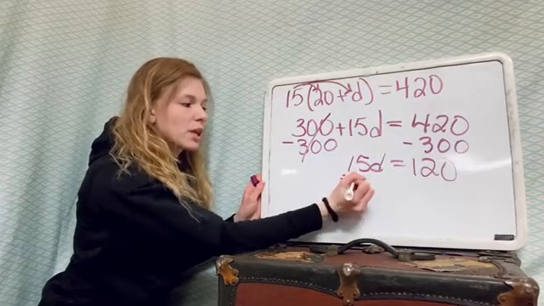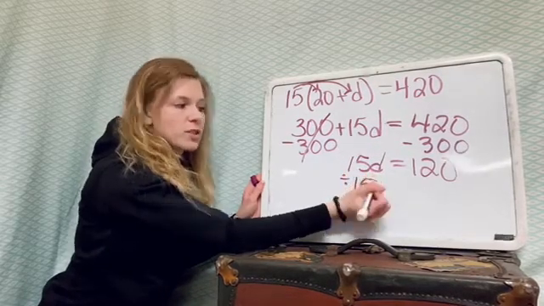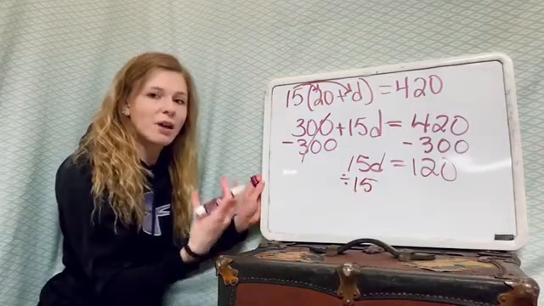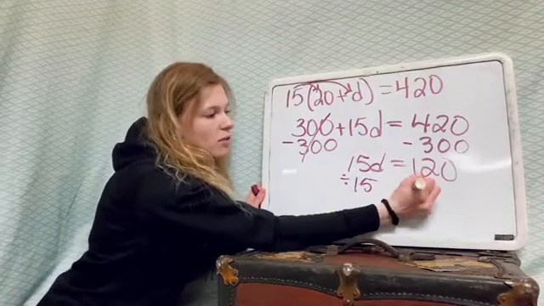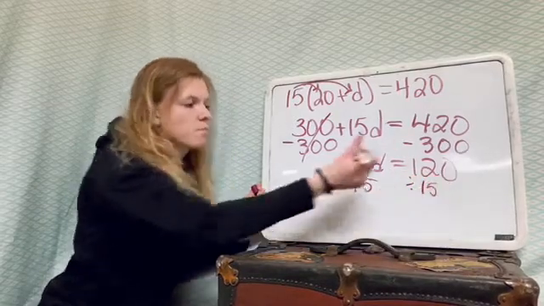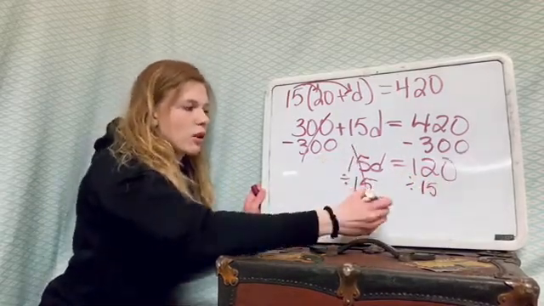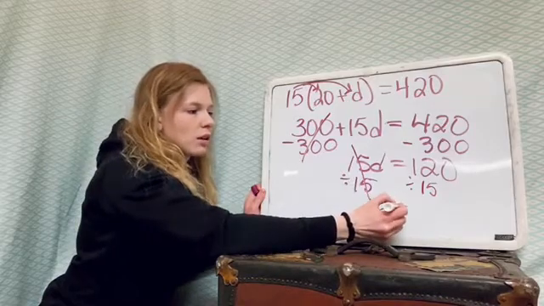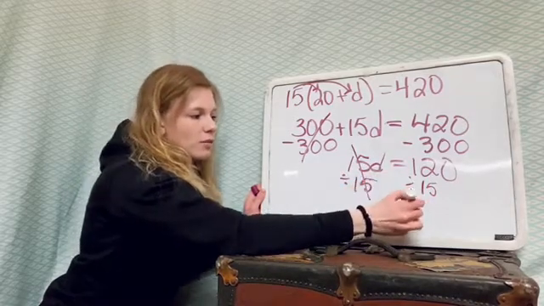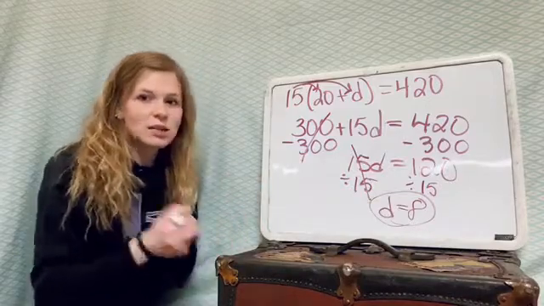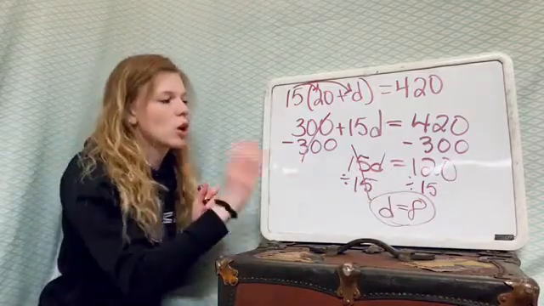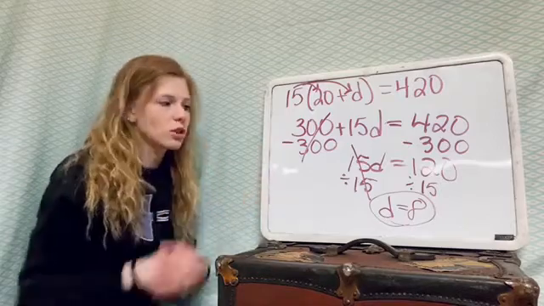Since it's multiplication, in order to move the 15 and get rid of it, I'm going to divide by 15. If I divide by 15 on this side, I have to divide by 15 on the other side. These 15s cancel out. I'm left with d. 120 divided by 15, I'm left with 8. So d equals 8. This equation only had one solution that will work, and that solution is 8.